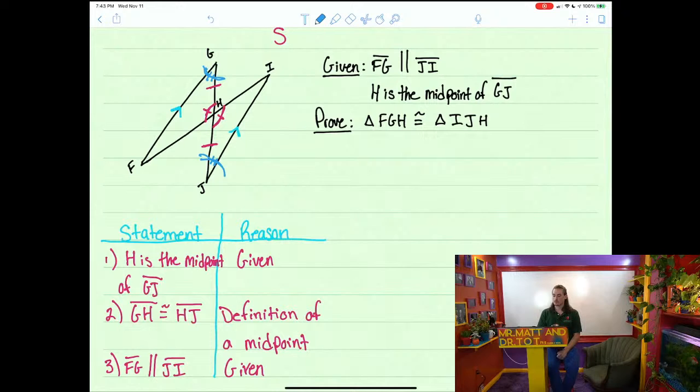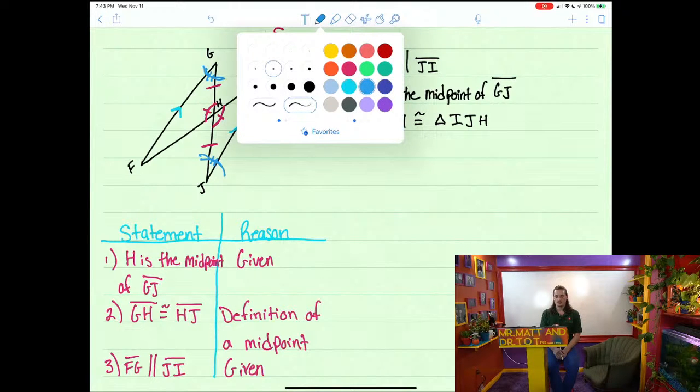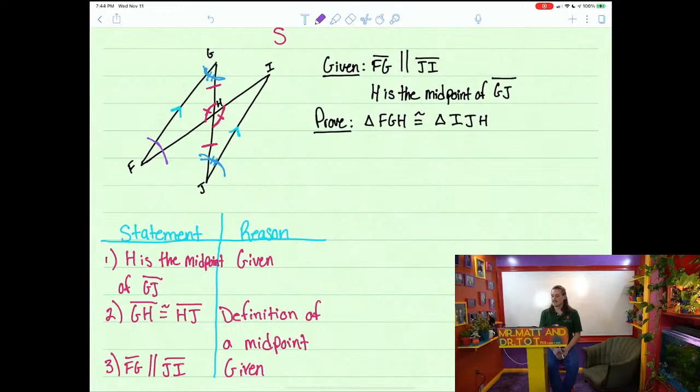If I go the purple route, in saying that angle F is congruent to angle I, then I would have angle side. So you have two options here, however you'd like to proceed in order to prove that these two triangles are congruent. You can either use angle side angle, or you could use angle side here.